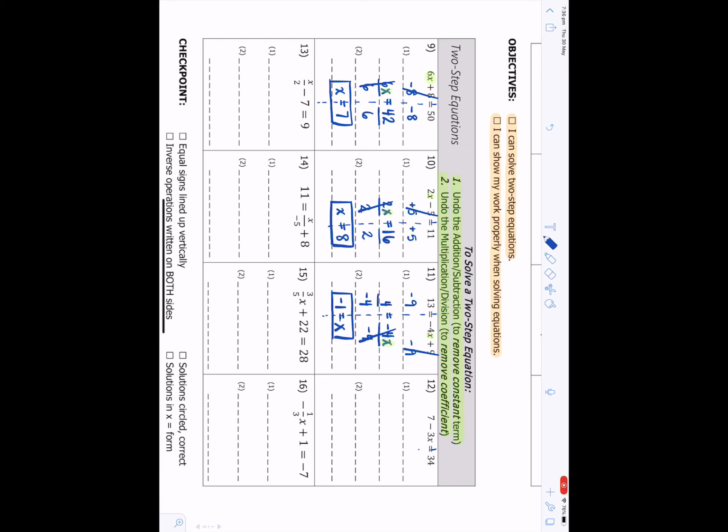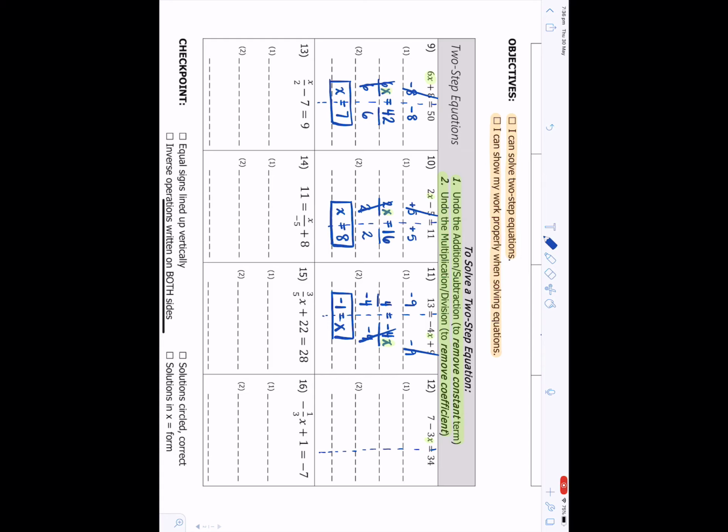We'll start by drawing our line down the equal sign to make sure that our equal signs stay lined up. We'll identify that our pronumeral is on the left side of the equation, and there is a positive 7 there and a negative 3. Which one is the furthest away from the pronumeral? Well, the positive 7 is.